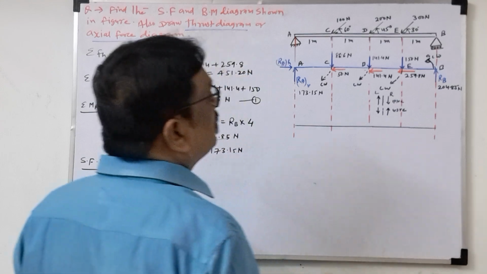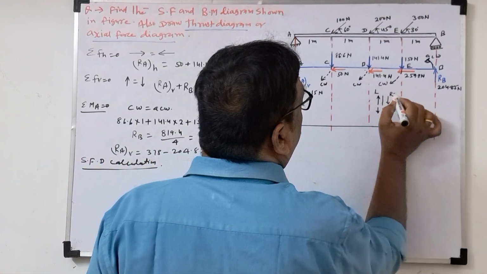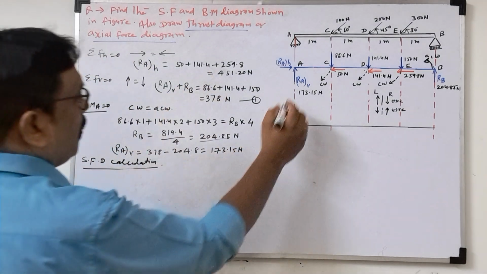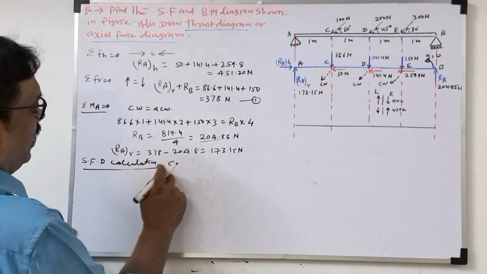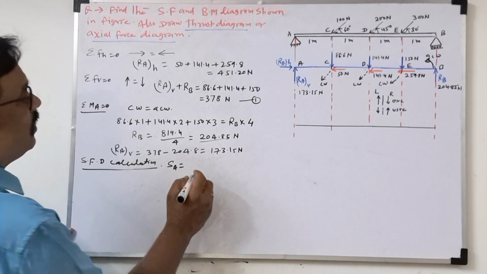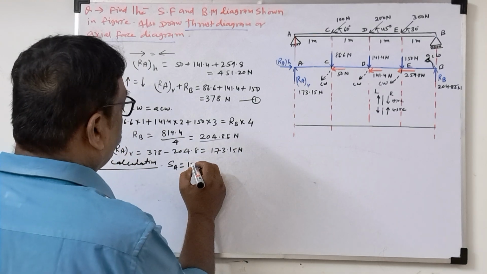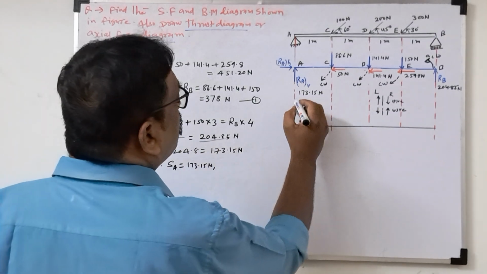This is the sign convention we will obey here, left side and right side. Okay, now SA. I am taking shear force S at point A equal to how much? Vertical 173.15 Newton. Shear force at A is equal to this.